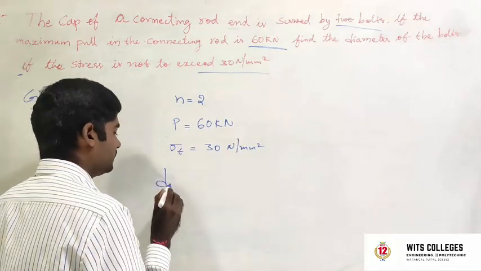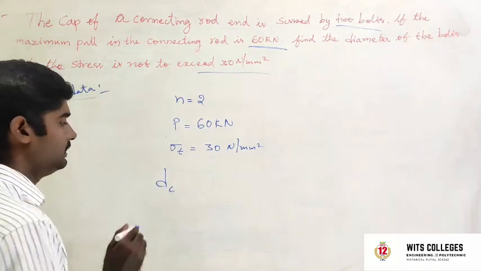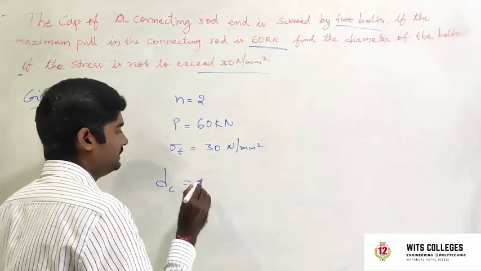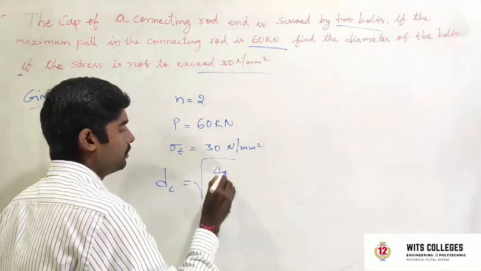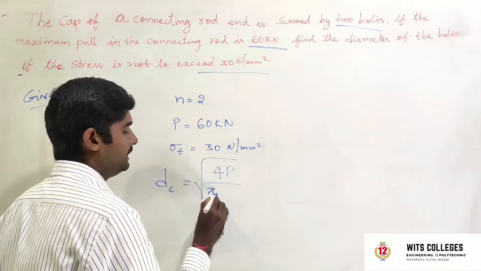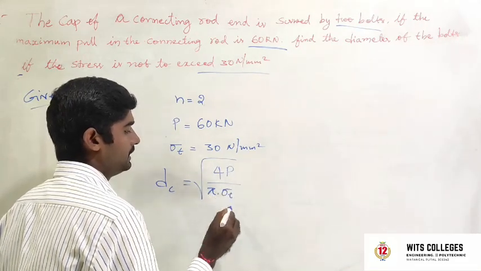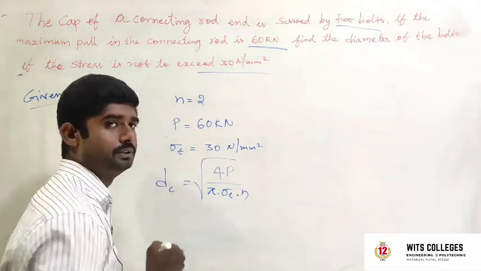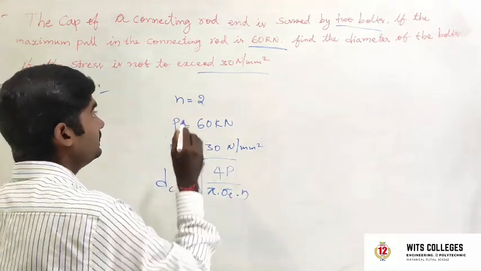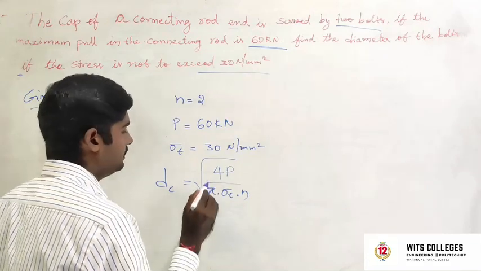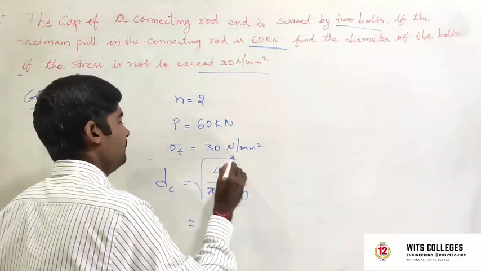The core diameter of the bolt is denoted by DC, which is equal to under root 4P by pi into sigma T into number of bolts. Substitute these values in this formula.